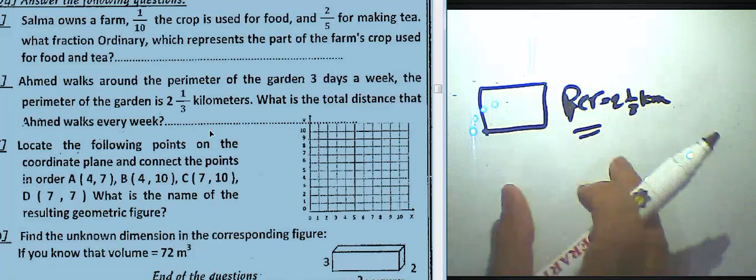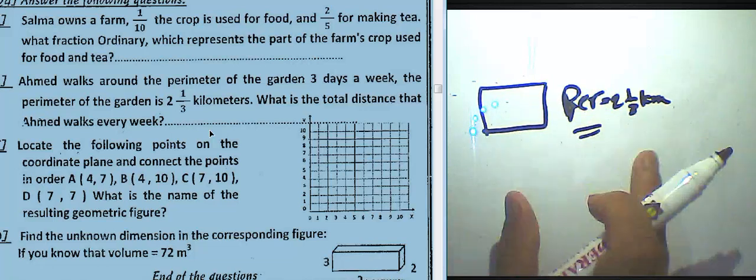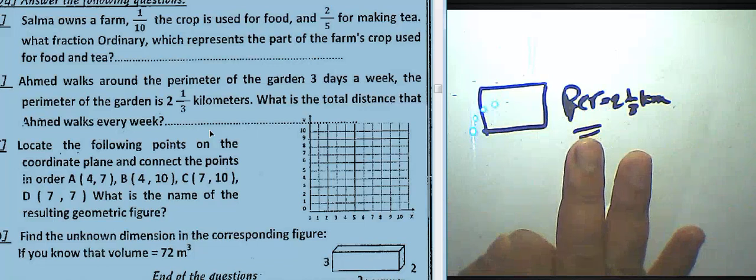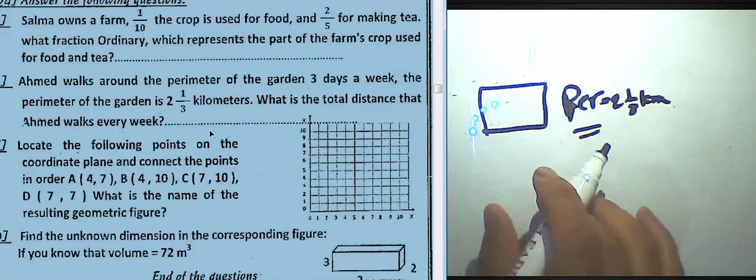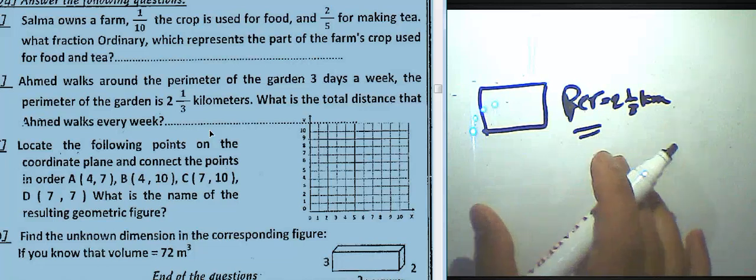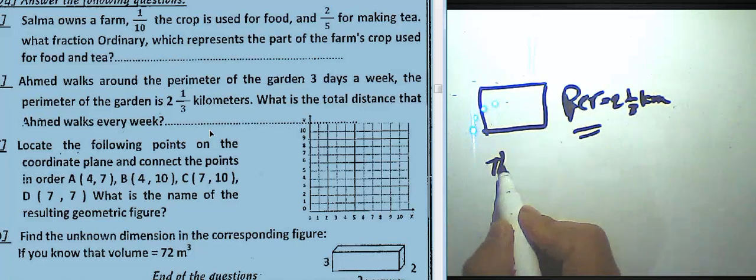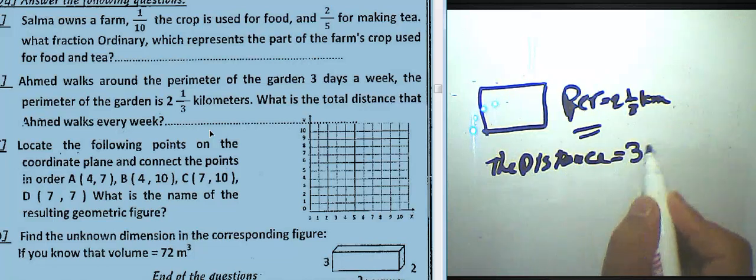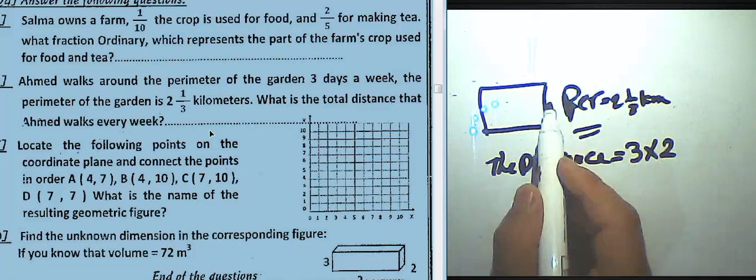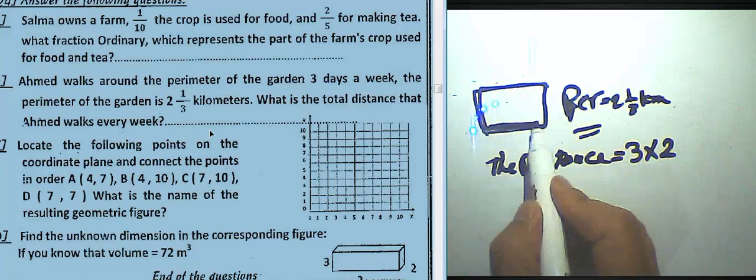Every week, Ahmed walks around the perimeter of the garden 3 days a week. Okay, 3 days. Then the distance that Ahmed walks every week will be 3 multiplied by the perimeter he goes around in 1 day.